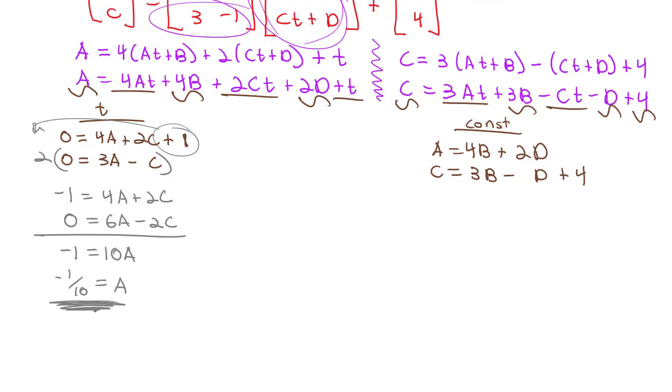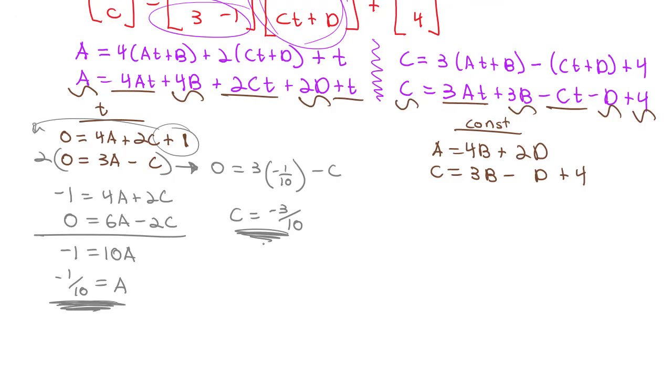Okay, let's find c then. I'm just going to plug it into the second equation, which was 0 equals 3 times a, which is negative 1/10, minus c. If I add c to both sides, I get c equals negative 3/10.